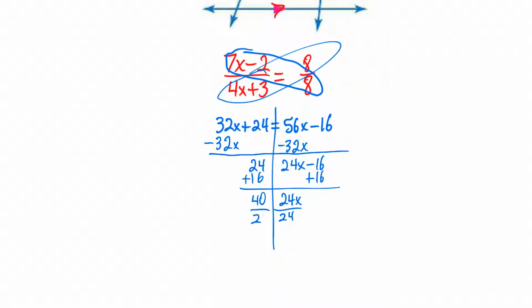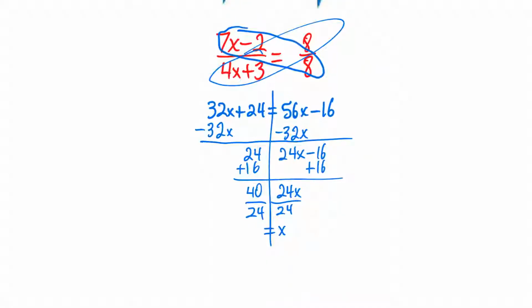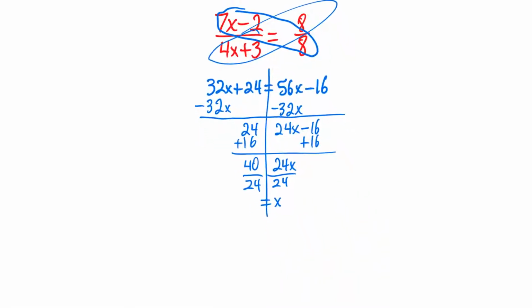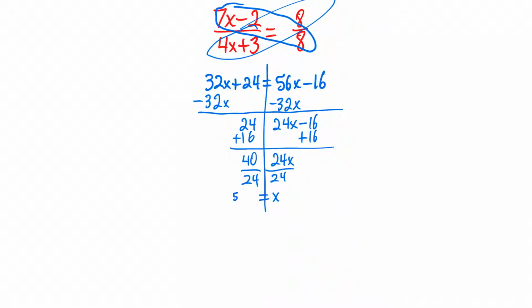Divide by 24. And so 40 divided by 24 is either 5/3 if you leave it as a fraction, or as a decimal, 1.66 repeating.